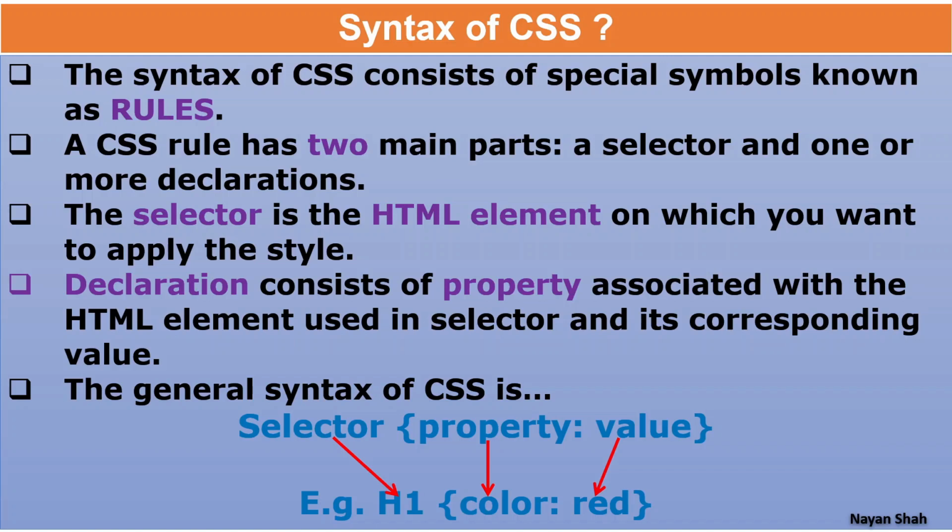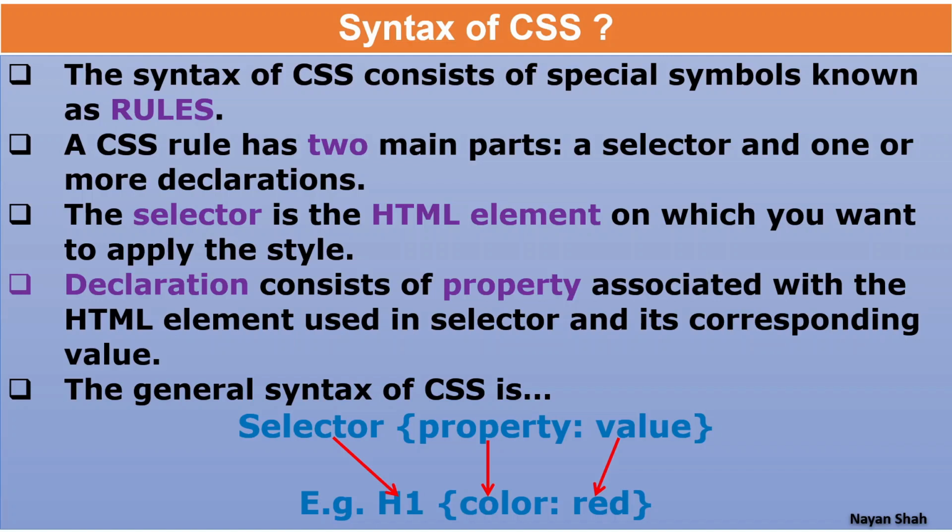So the general syntax of CSS is we write the selector outside the bracket, then within the curly bracket we write property and value. It is also possible to write multiple properties within the declaration, that is within the curly brackets. If you write multiple properties, remember that each property should be separated by a semicolon.